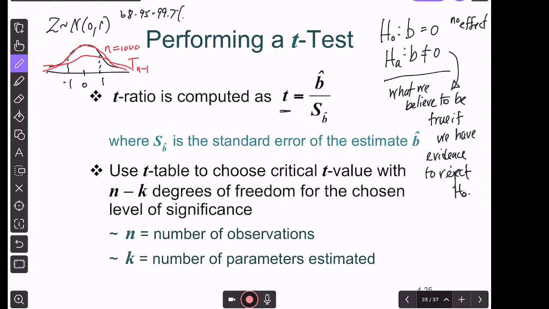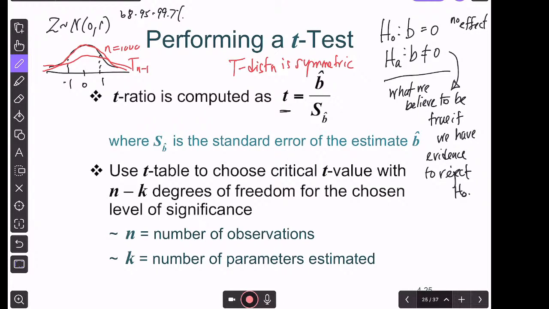Yeah, I have it at 1,000. Anyway, the point is it's still symmetric. The t distribution that this thing comes from is symmetric, and for larger numbers of observations it looks like the standard normal. But you don't have to look at any tables or anything, because the results will just be given to you.